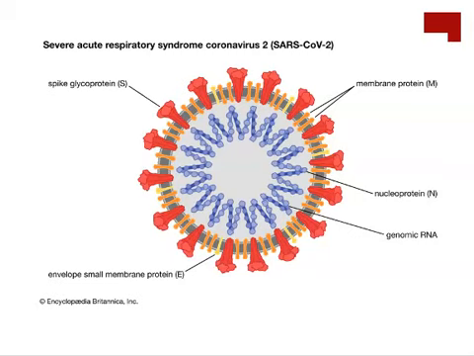Remember, viral particles rely on the host cell's enzymes, the host cell's ribosomes, to do the work of making copies of the virus. So the host cell has to do two things. It has to copy the genetic material of the virus, and it has to transcribe and translate the genetic material. In other words, it has to make the proteins that the genetic material codes for. This virus uses RNA as its genetic material.